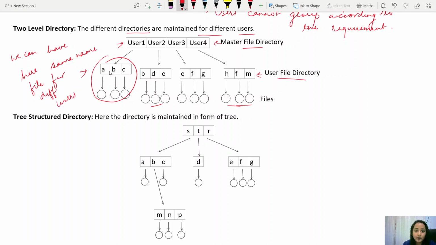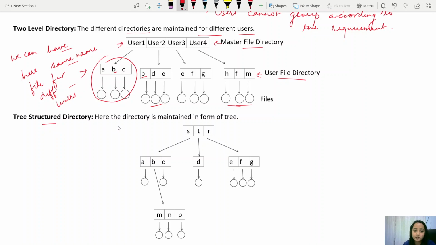See, here I have file name B, and here I have given the same name B also. So you can have the same name file for different users because the path is different now.